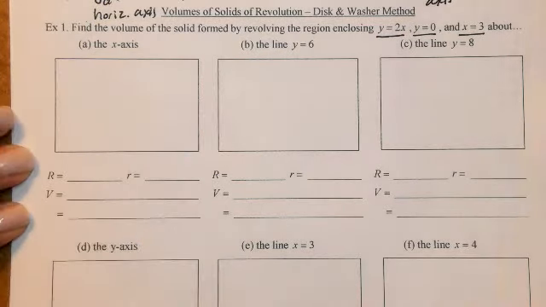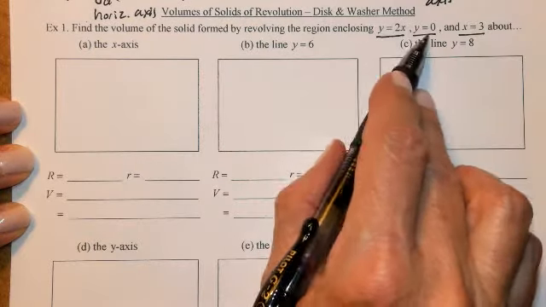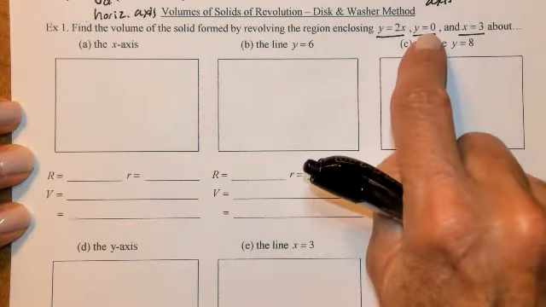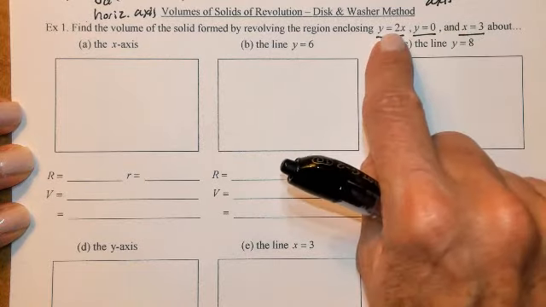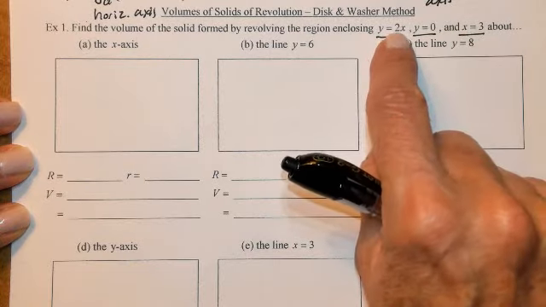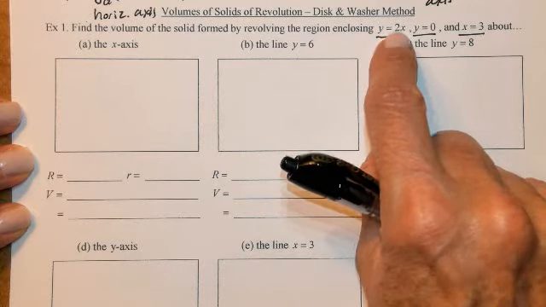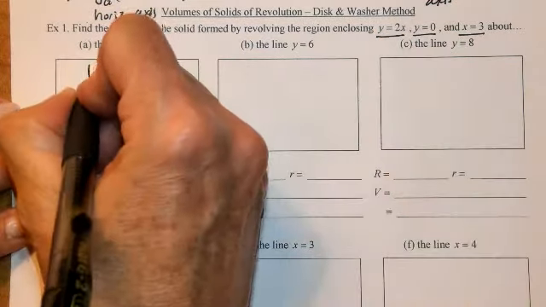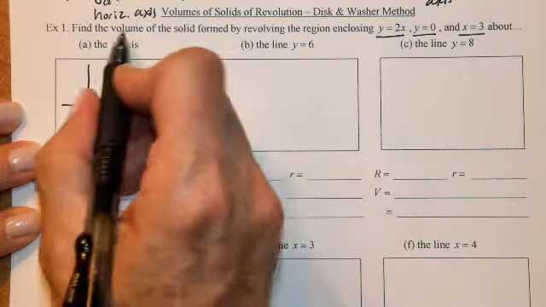So let's sketch a graph. We're going to revolve this region around the x-axis, and one of my boundaries is the x-axis and one is x equals 3. This is a line going through the origin with slope 2, right? So when I draw this, I'm going to draw most of it over here because we're revolving this around the x-axis.